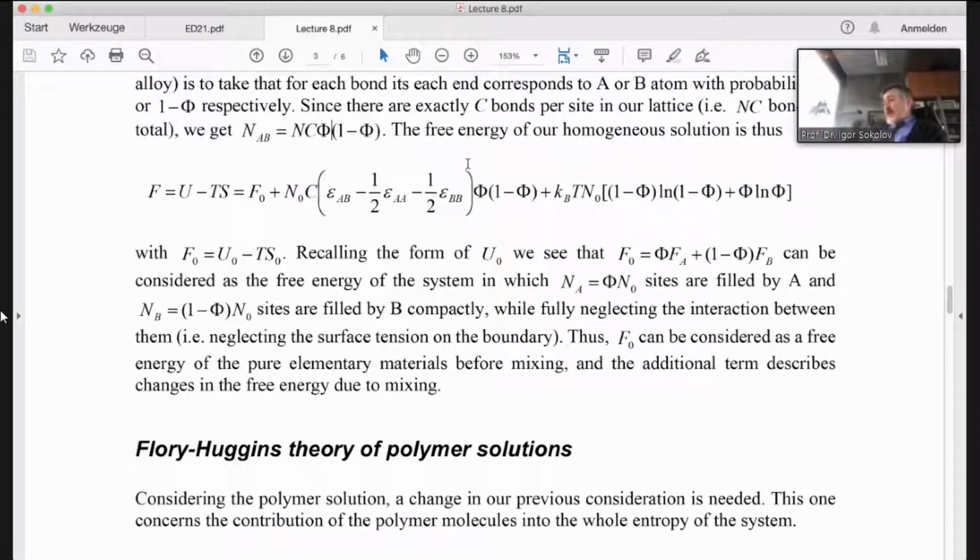And essentially, it's quite a reasonable theory on the semi-quantitative level. It works.